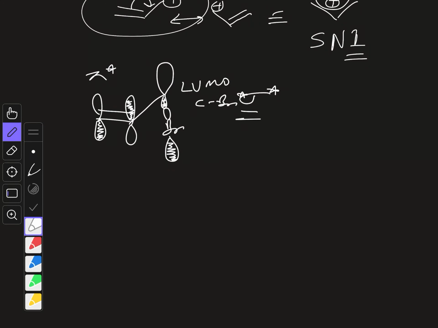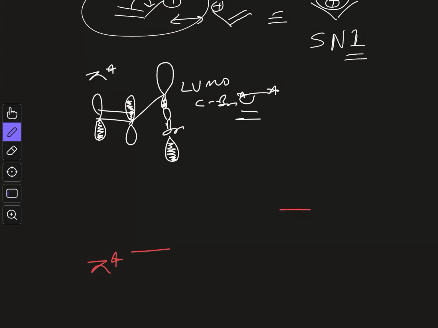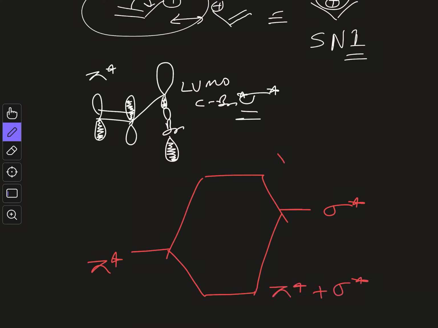If you draw the interaction diagram, this is, let's say, the energy of pi star, and let's say this is the energy of sigma star. Now if they interact, you will have two energy levels. This is the new pi star plus sigma star, and this is the pi star minus sigma star. Both are unfilled, and this is now our new LUMO.